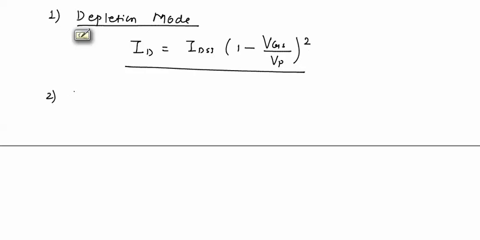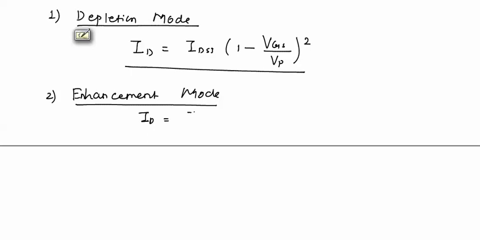And when this MOSFET is operating in enhancement mode, the drain current ID will be equal to IDSS into 1 minus VGS upon VT, threshold voltage, whole square. These will be the two drain currents for depletion mode and enhancement mode.